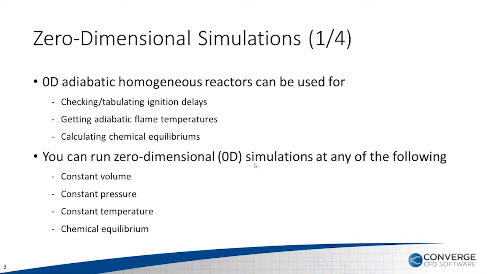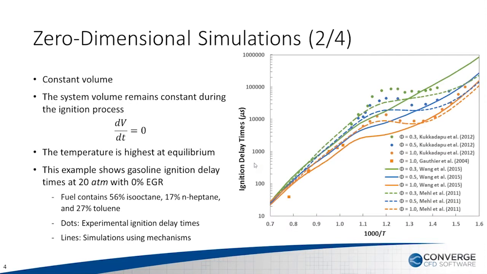There are 4 types of 0D reactors in Converge. The first is constant volume, the second is constant pressure, the third is constant temperature, and the last is chemical equilibrium. For constant volume, as indicated by the name, the system volume remains constant during the whole combustion process, and the temperature and pressure are going to increase.